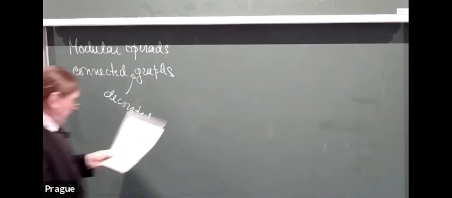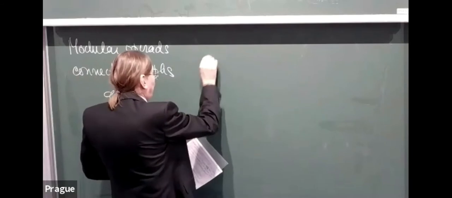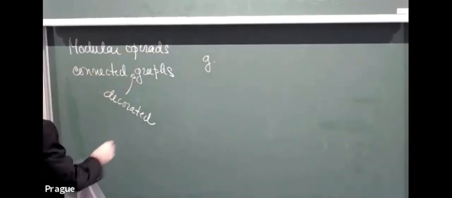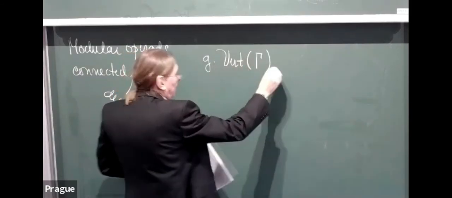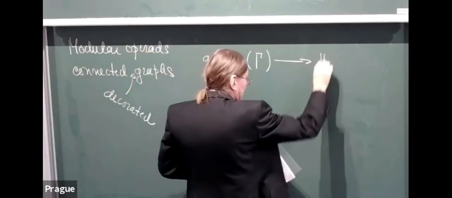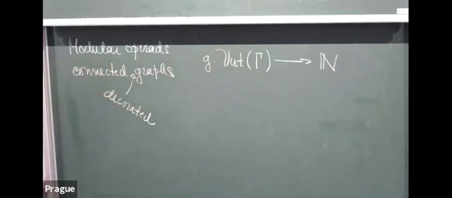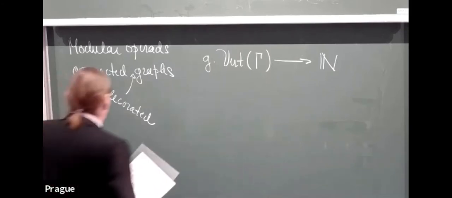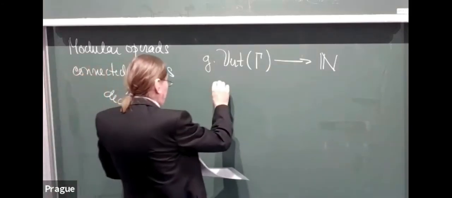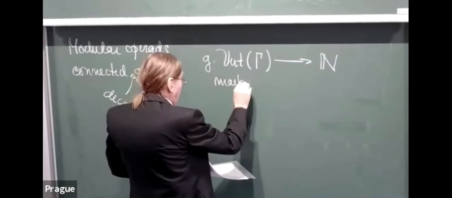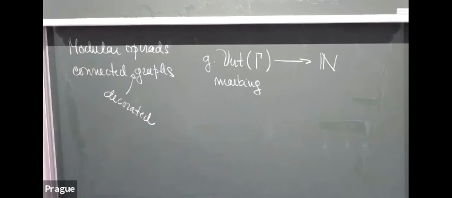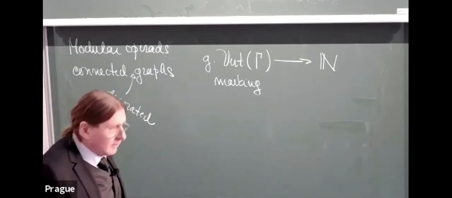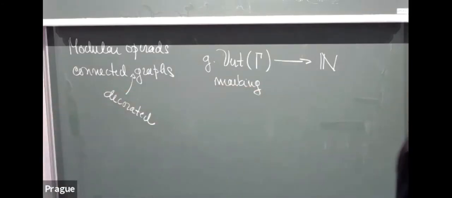Decoration is a map from the set of vertices of gamma into natural numbers, where 0 is a natural number as well in this context. I may also call it a marking.